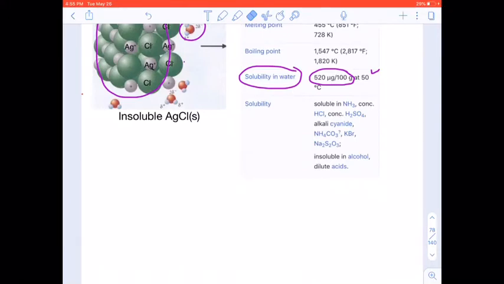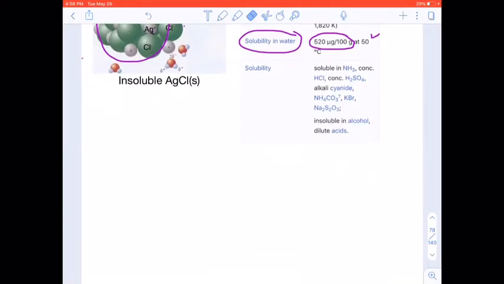It's very, very slightly soluble, but for our purposes we categorize it as insoluble. That is 520 times 10 to the minus 6 grams per 100 grams of water, which means it's practically insoluble, because its solubility is very, very low.